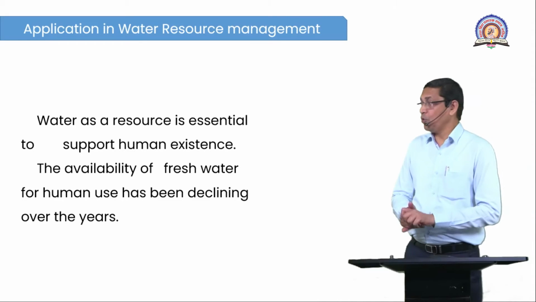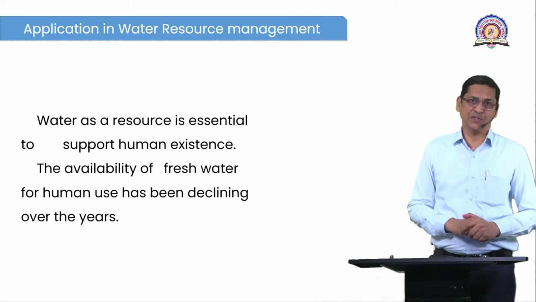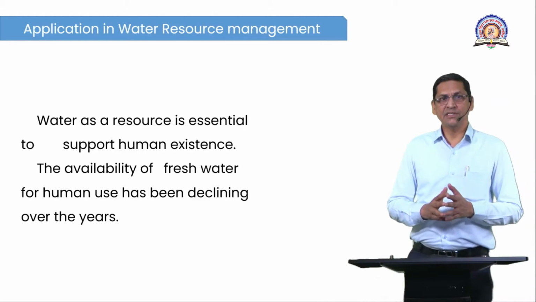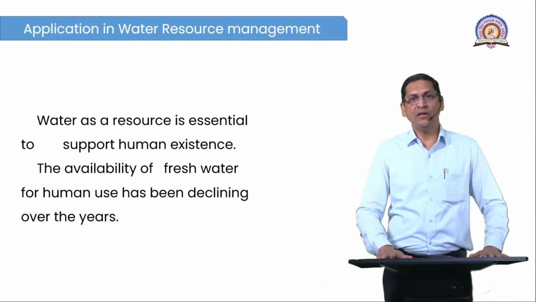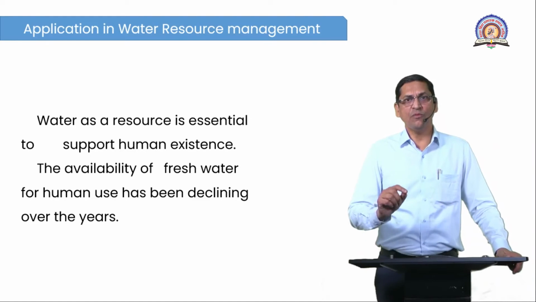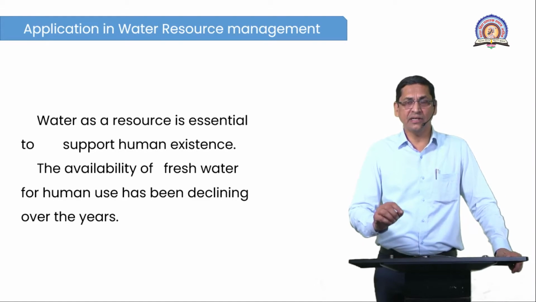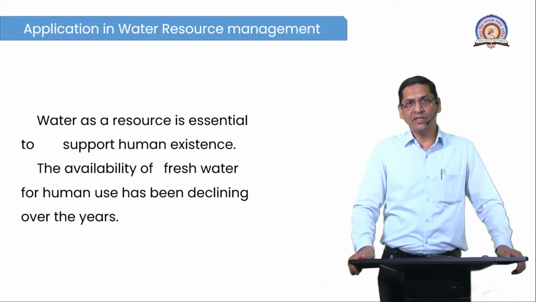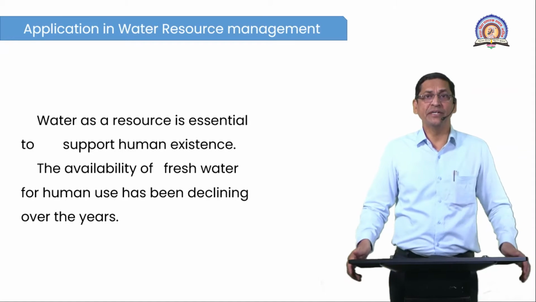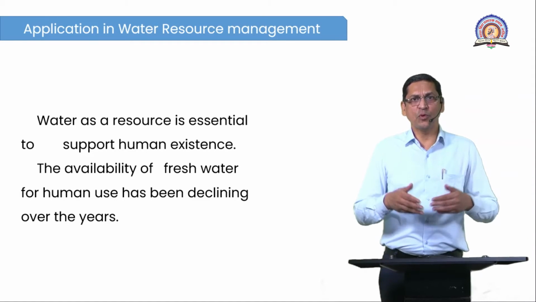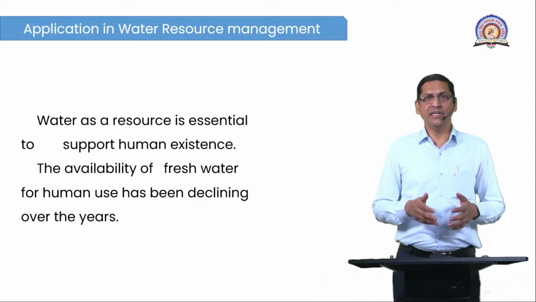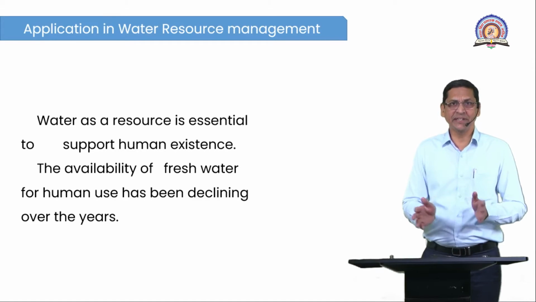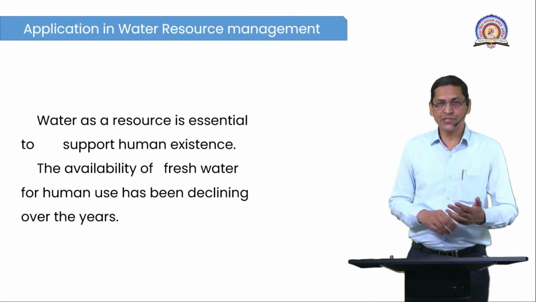Then let us see what are the applications of GIS in water resource management. As I noted earlier, GIS is very useful in different types of management, especially in water resource management. Water is an essential, basic need of human beings, and day by day, the water resources are getting polluted. Different types of pollutants enter the water bodies, and water resources are depleting due to industrialization.